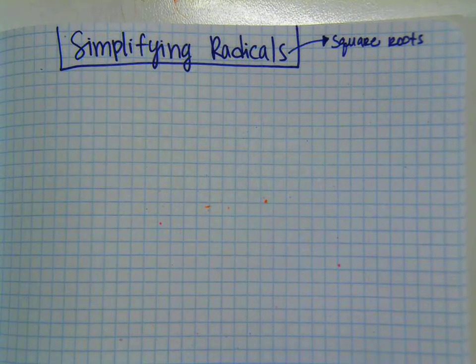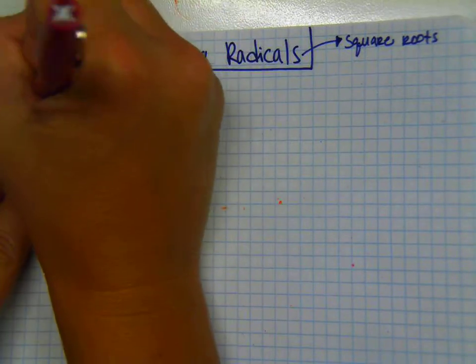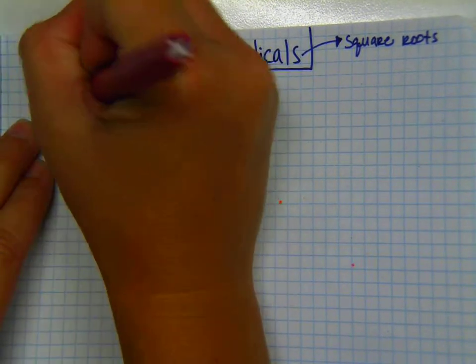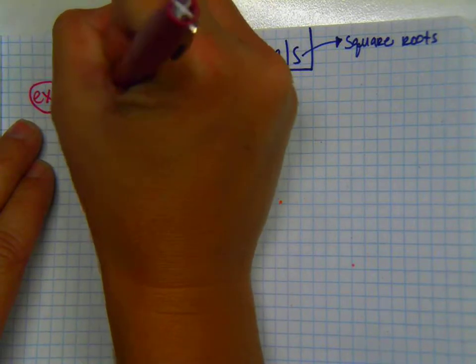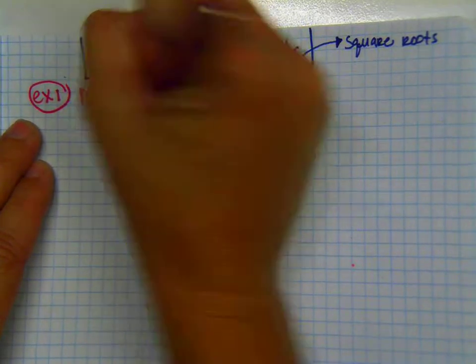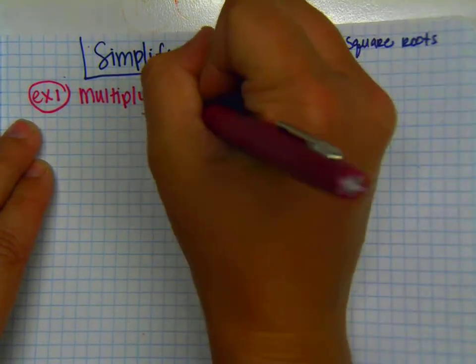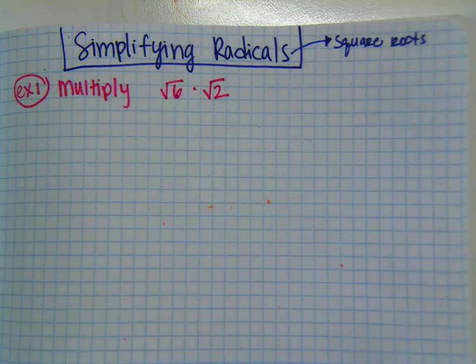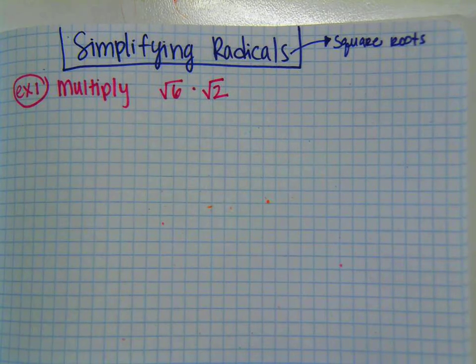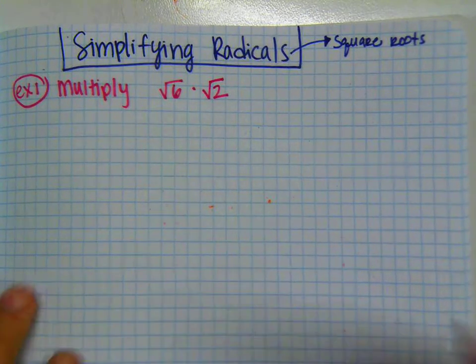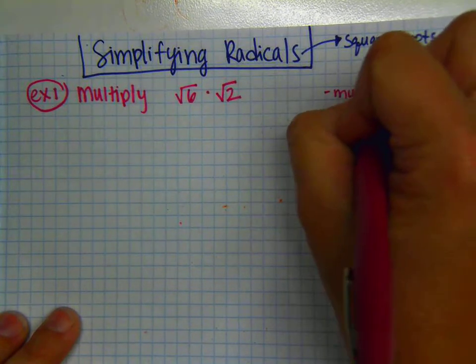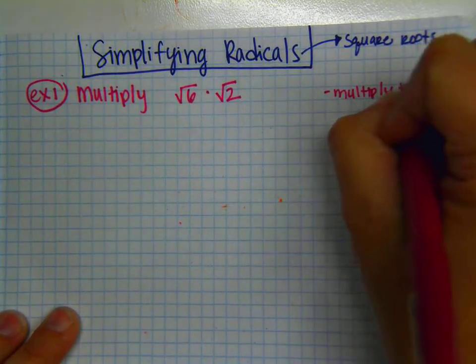So we're going to start with an example. We are going to multiply root 6 times root 2. And when you multiply root 6 times root 2, all you do is multiply the inside numbers.